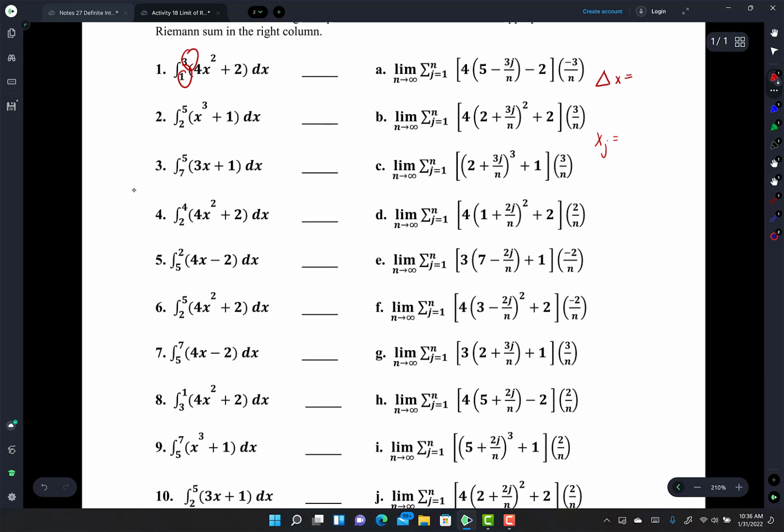We're going to solve for change in x first: 3 minus 1 over n, which is also in last week's notes, equals 2 over n. Then you also take the starting interval, so you're going to go 1 minus 2j over n, and that's your x sub j.